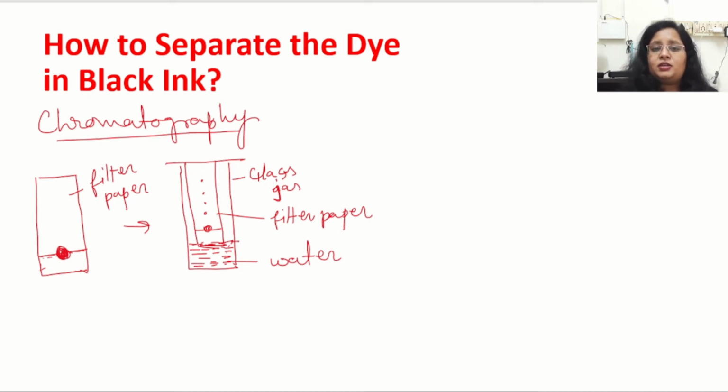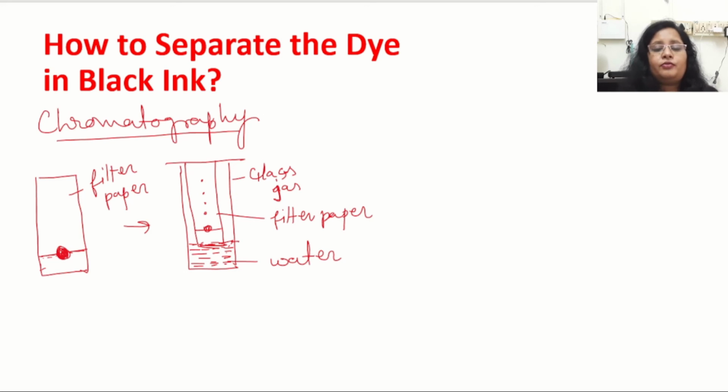Now the explanation is, the ink which we are using, black ink or fountain ink, is soluble in water. In the black ink there are two parts. One is water, which is the solvent, and the other is dye, which is soluble in water. The dye again has many colors in it.